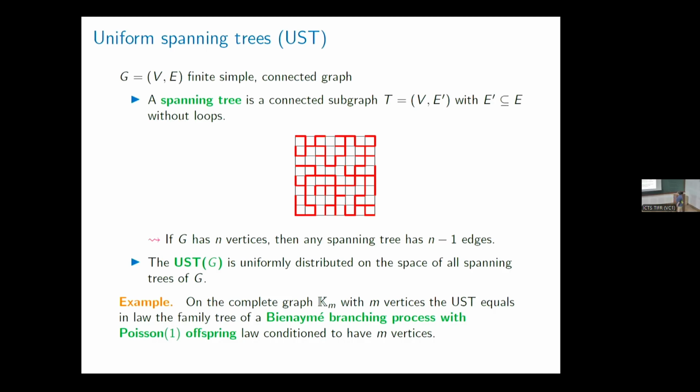One of the examples which we will encounter in the problem, which is the most simple example, is the complete graph, because it doesn't carry any geometry here. All the edges are present. And if you look at the uniform spanning tree of this one, then you clearly get the uniform tree, because any edge has the same probability to belong to that uniform spanning tree.